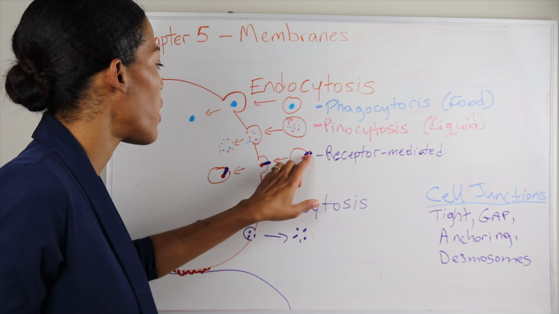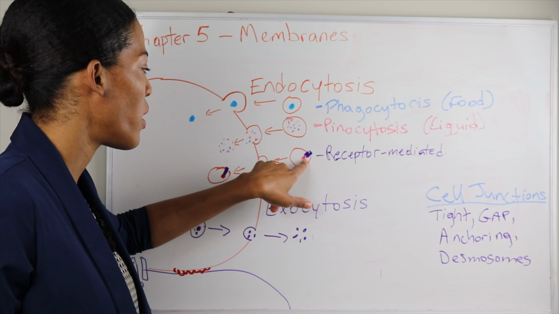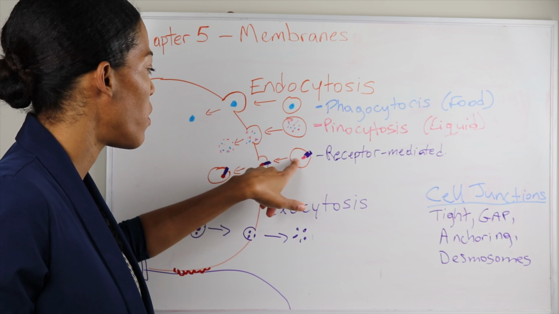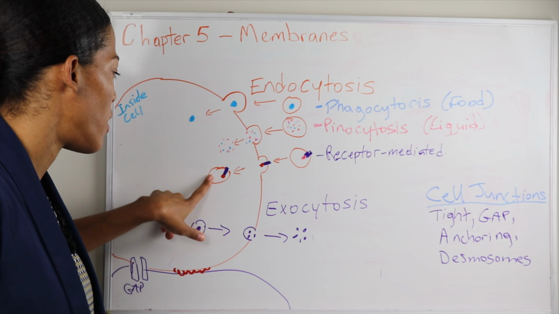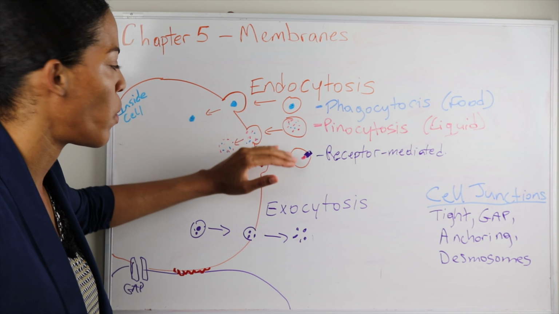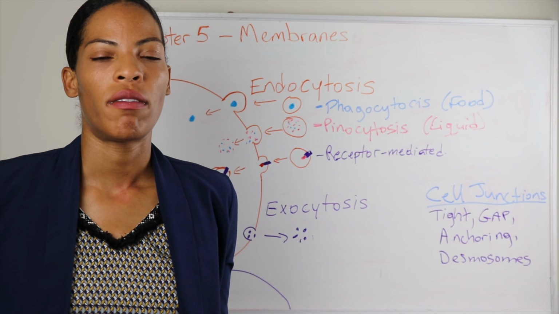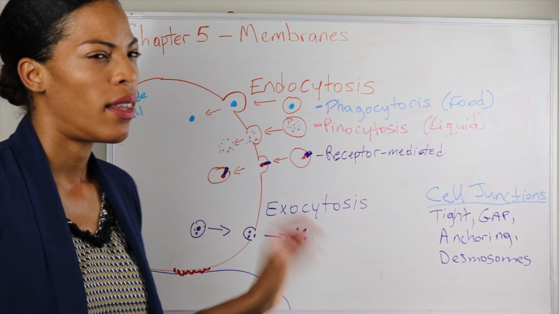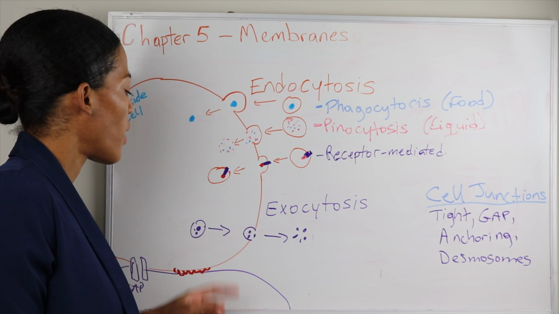So here we have a receptor molecule. You have a molecule or ligand bound to it. It forms a vesicle. Vesicle fuses with your cell, and then that brings it into the cell. So these are three different ways that the cell is doing endocytosis to bring different materials in the cell. And these processes use energy, both of them.